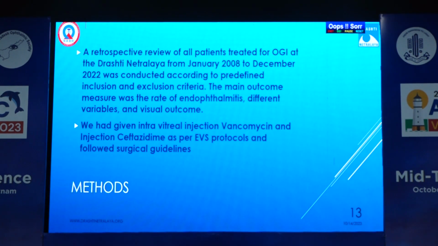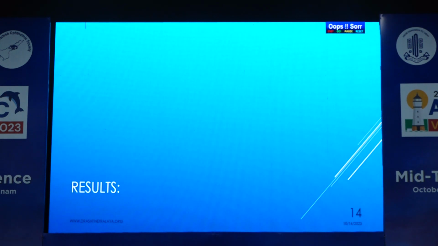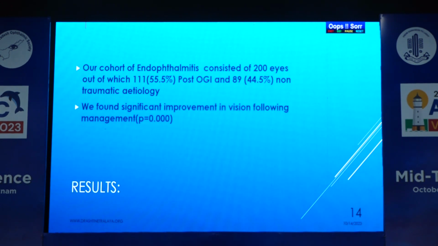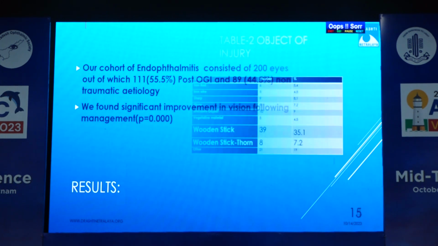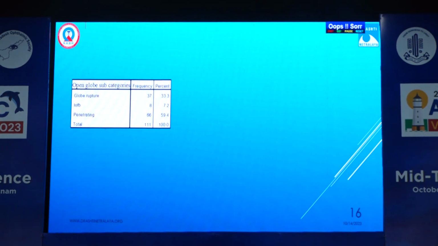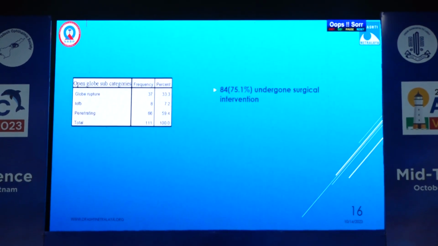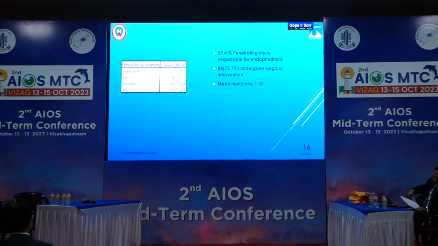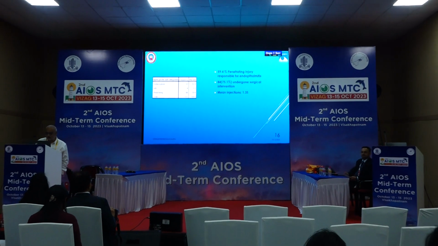A retrospective data analysis was done for open globe injury from 2008 to 22, and our cohort was 111 cases, and we found significant improvement. And these are the demographics. Wooden stick was the most common cause of trauma. Globe rupture was the most common injury, and 59.4% penetrating injury was responsible for endophthalmitis.